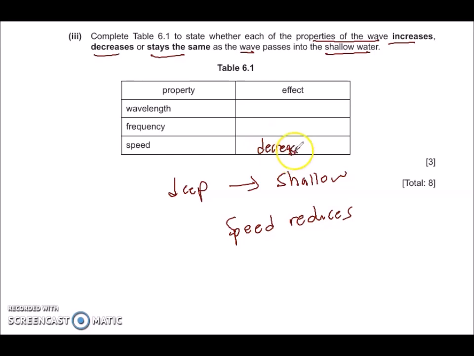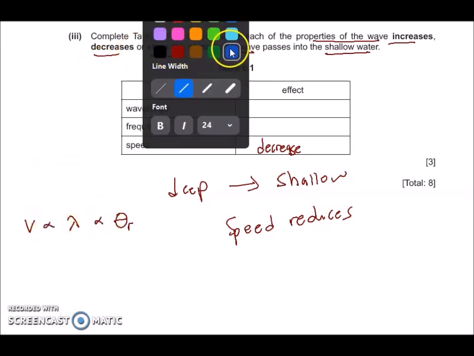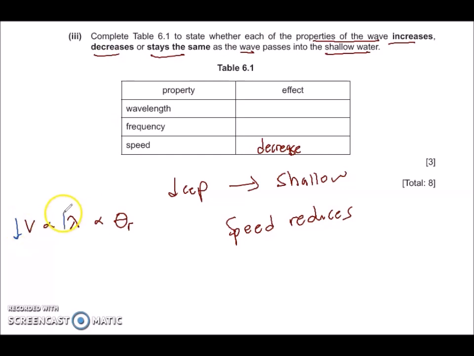Another formula that I will pass to you is only applicable for refraction. Speed, your lambda, your wavelength, and also your angle, all will be going down. If the speed goes down, everything will be going down.